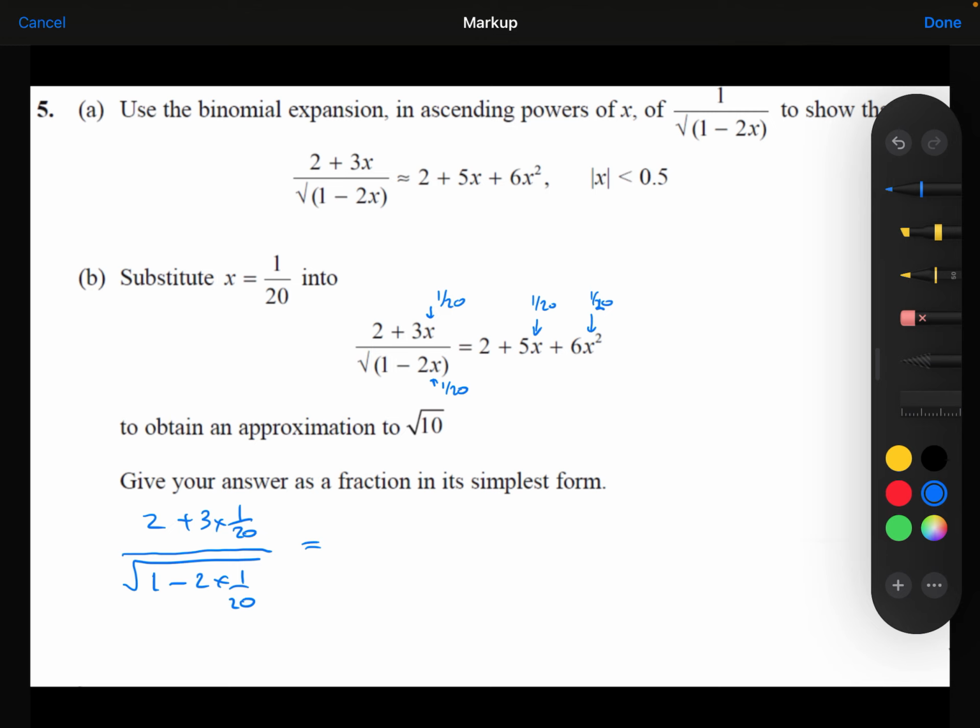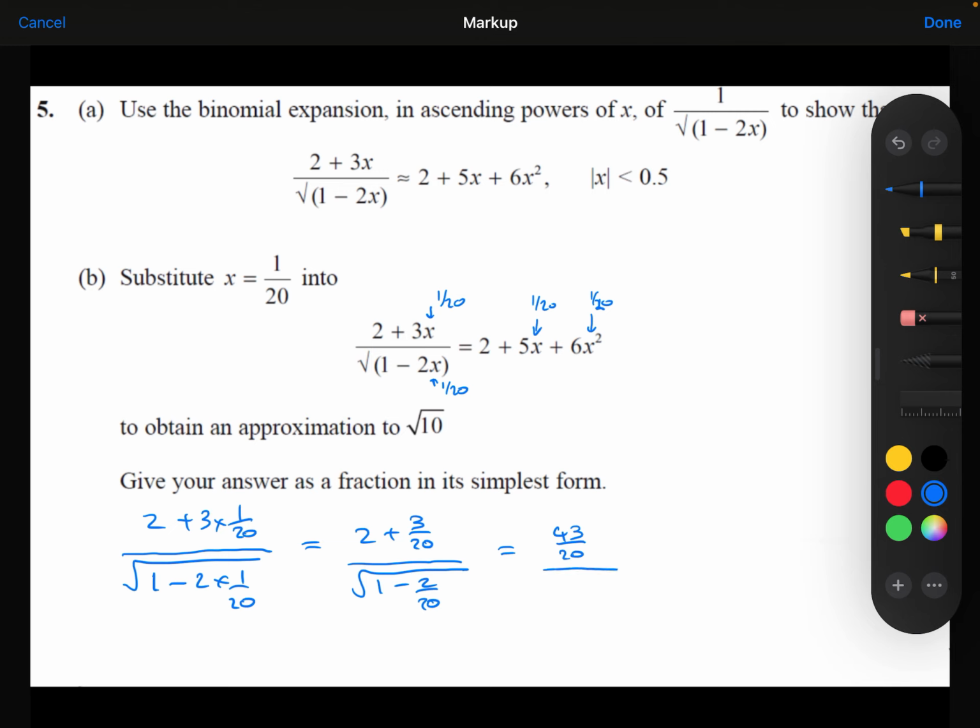So that's going to be 2 plus 3 over 20, over the square root of 1 minus 2 over 20. So my numerator is 2 plus 3 over 20, which is 43 over 20.